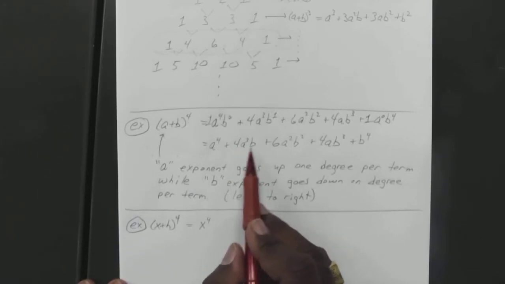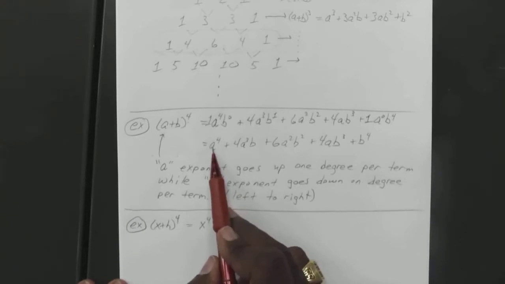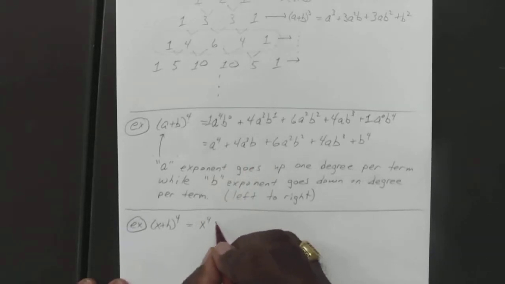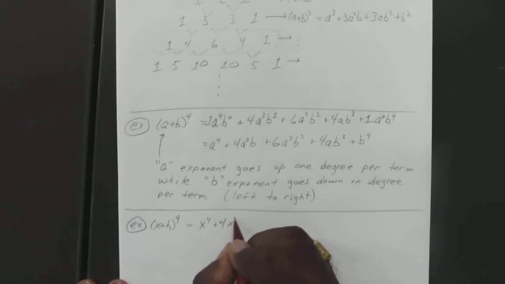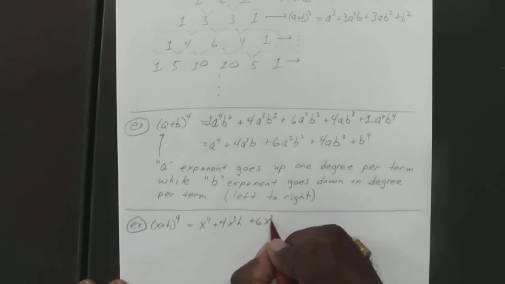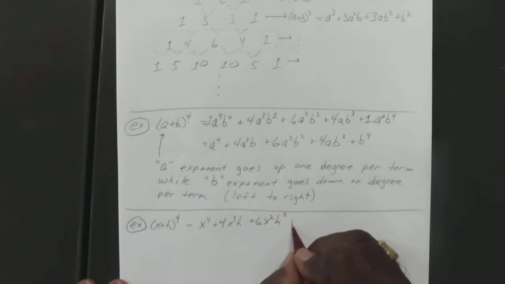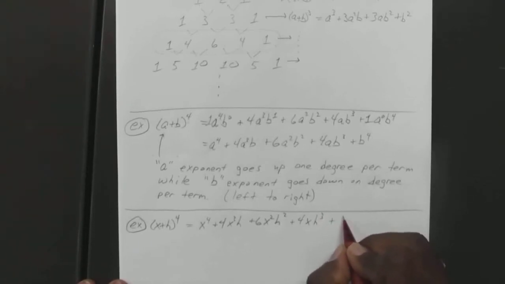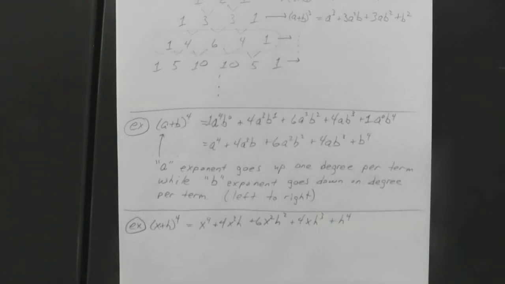Actually, we can even just substitute x for a and h for b. x to the 4th plus 4x to the 3rd h plus 6x squared h squared plus 4x h to the 3rd plus h to the 4th.